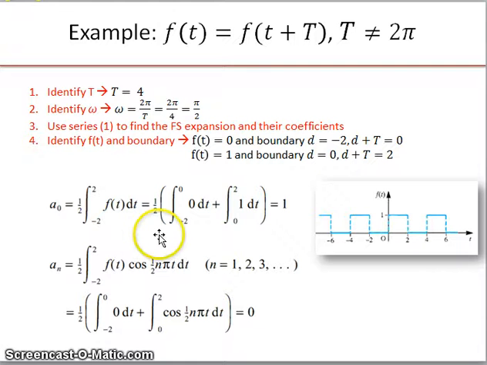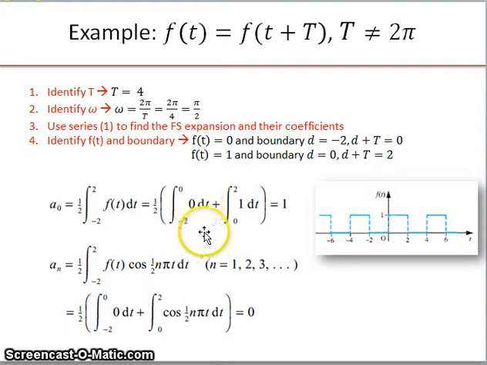So when we identify the boundary, we need to know which function and which boundary. The first function is when f(t) equals 0 from -2 to 0. So we got this. And the second one is when f(t) equals 1 and the boundary is from 0 to 2.